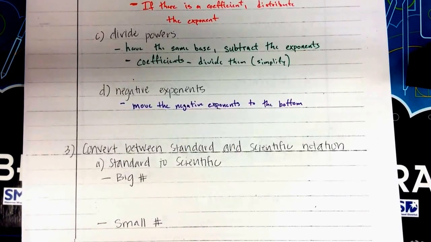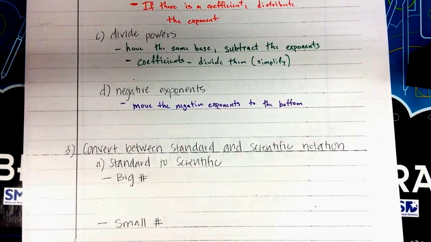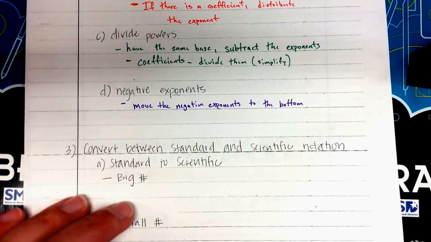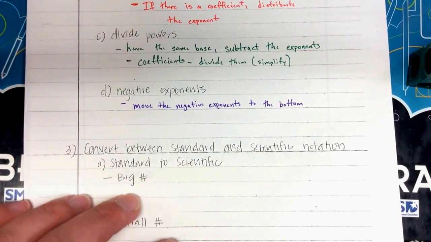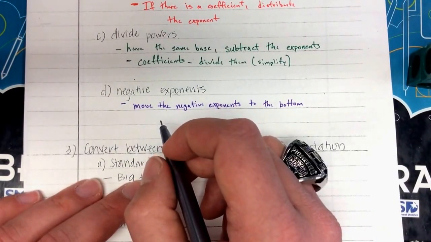So what happens if there's a negative exponent in the denominator? One more time, Paige, please. Good, so it needs to be in the numerator. So once again, you cannot have negative exponents.